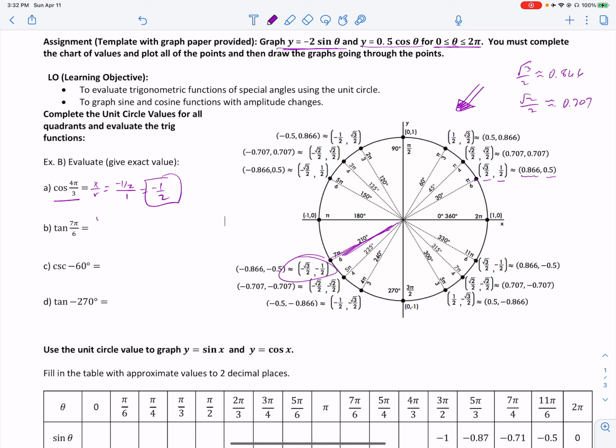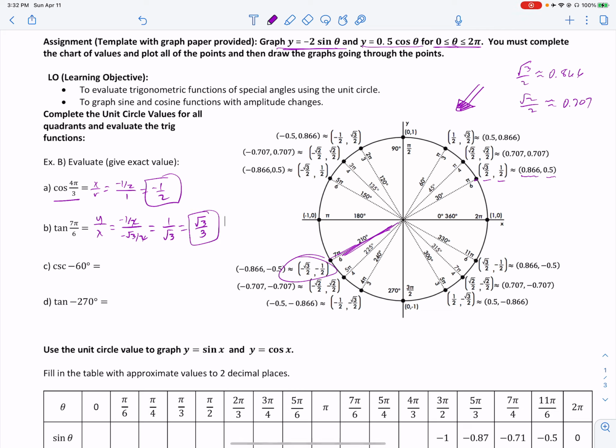And tangent is y over x. So it's -1/2 over -√3/2. If you multiply by the reciprocal, those 2's cancel, and negative divided by negative is positive. So you get 1/√3, and rationalized is √3/3.